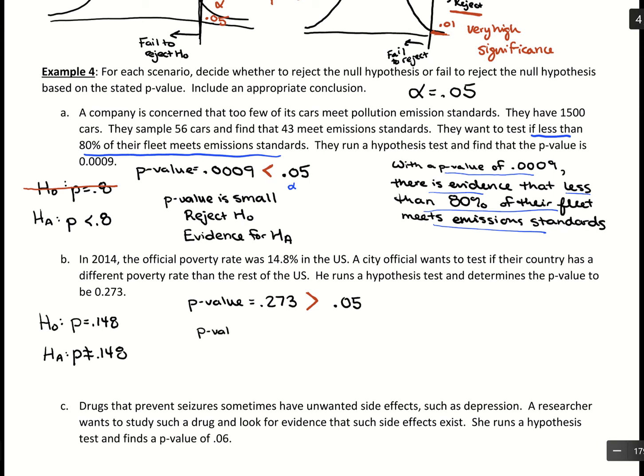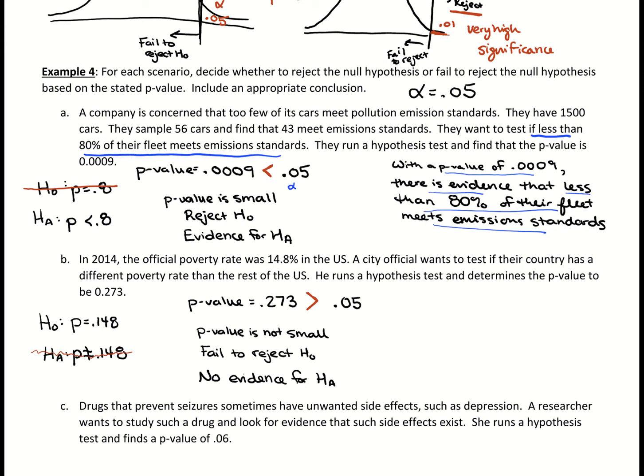So p-value is not small here, which means we cannot reject that null hypothesis. Which means there isn't evidence for the alternative hypothesis. So, with this, we just say we can't claim that alternative hypothesis.